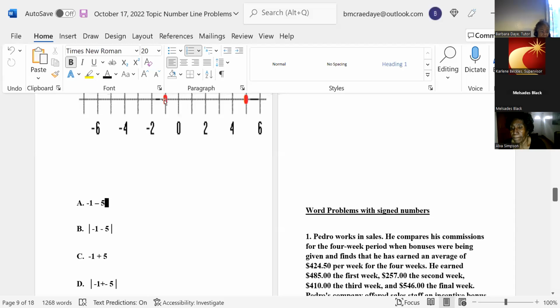Now, to go from this point to this point, how many places did you move? 1, 2, 3, 4, 5, 6.